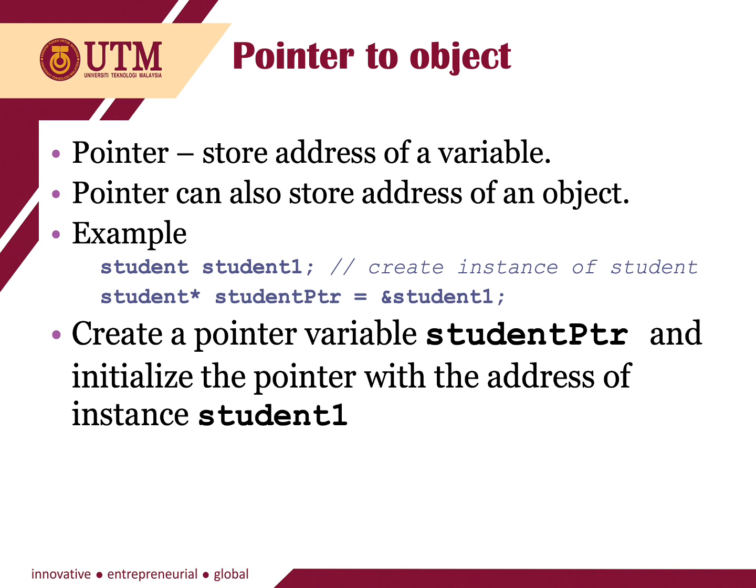Alright, now we move to pointer to object. A pointer is known to store the address of a variable. A pointer can also store the address of an object. So this is an example of how we create an instance of student. And this is for the pointer. We create a pointer variable student ptr and initialize the pointer with the address of instance student 1.